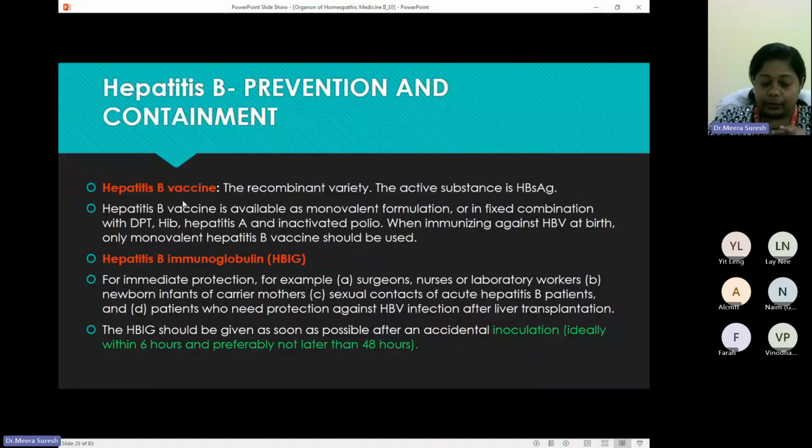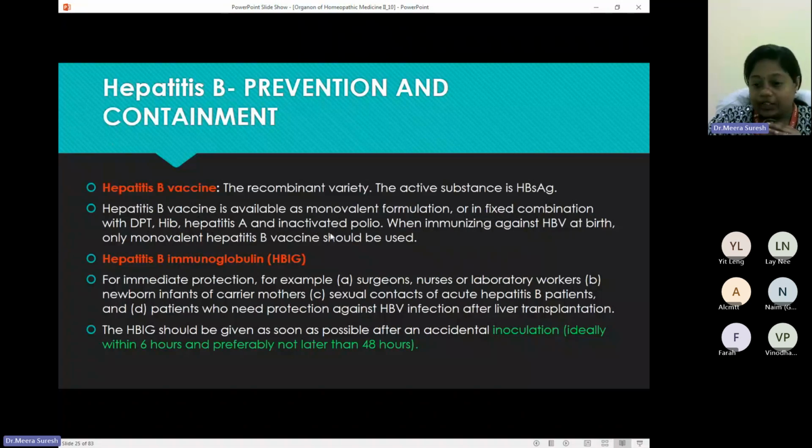Otherwise, we have the hepatitis B vaccine, which is ideally taken at birth along with BCG. The hepatitis B vaccine is available as a monovalent formulation, or we can give it in combination along with DPT, Haemophilus influenzae B, hepatitis A virus, and also inactivated polio.